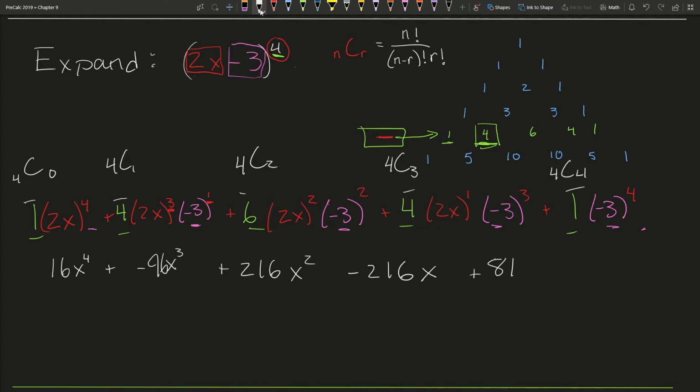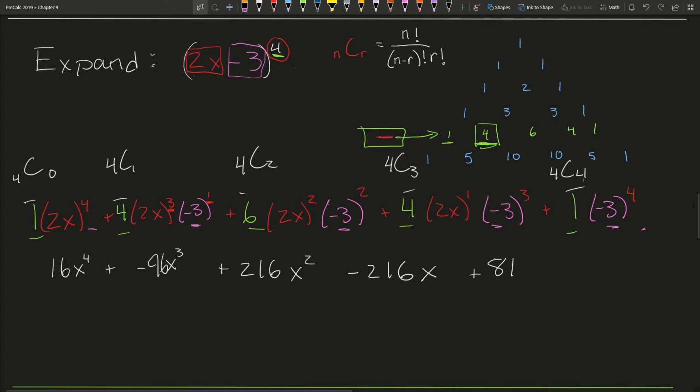So when you get up to higher and higher expansions, so say instead of the 4th power, it's like the 30th power, right? Doing this Pascal's triangle gets really tedious after like 5 or 6. Okay, so instead of using that to find our coefficients, we would use 4 choose 2 or 4 choose 3.